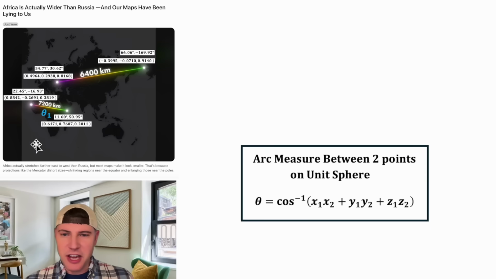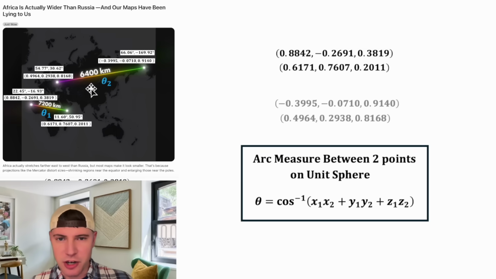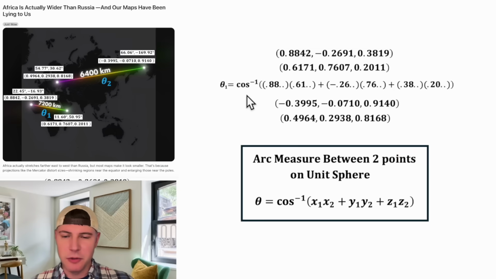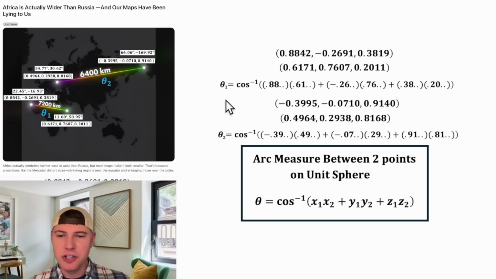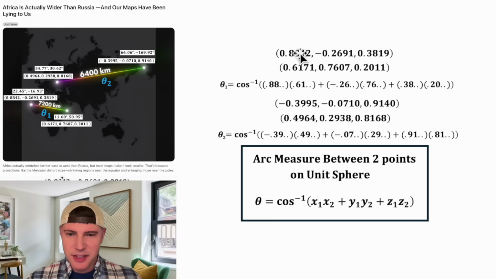So we're going to find theta1, which is the arc measure along the Earth's surface of these two, and let's call theta2 the measure of the arc along the surface of Earth between these two. So theta1 is going to equal cosine inverse of this times this plus this times this plus this times this. And then theta2 is going to equal cosine inverse of this times this, plus this times this, plus this times this. This times this is equal to 0.5456.